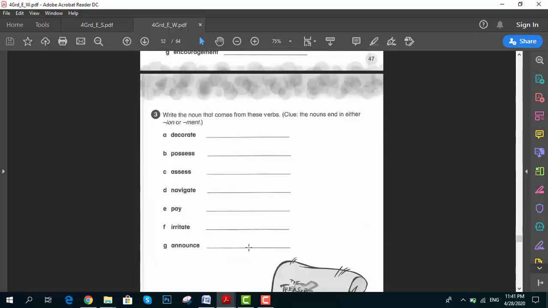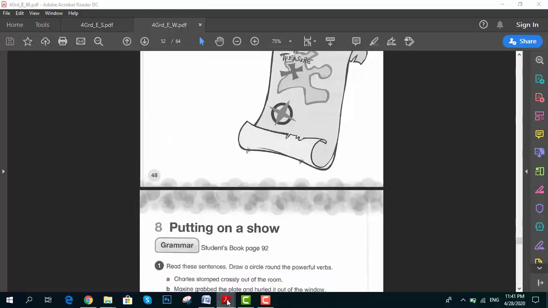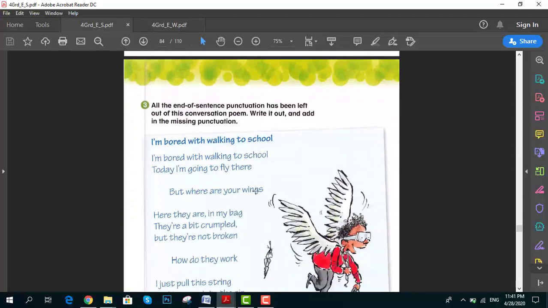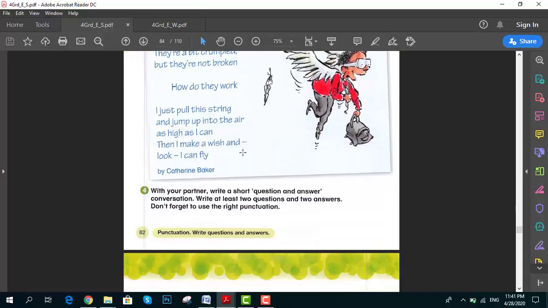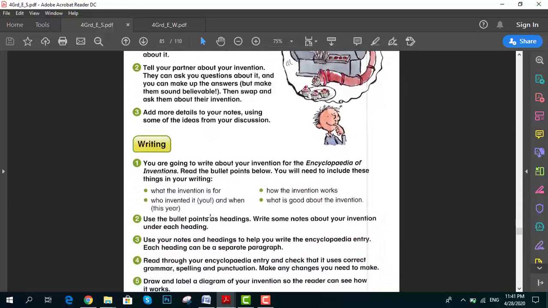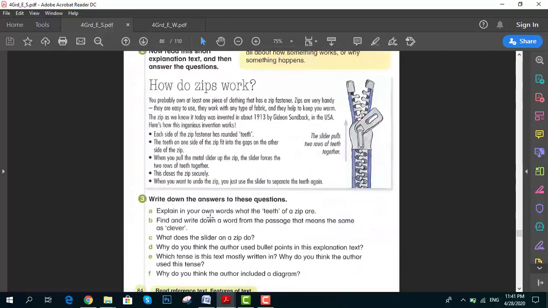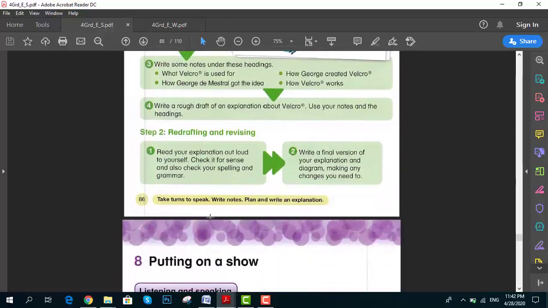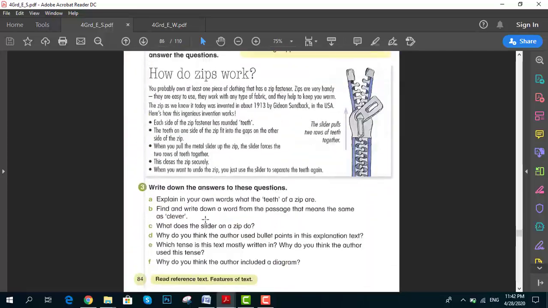And that's it for the workbook. Going back to the student's book, just study the grammar. This is not included: pages 82, 83, 84, 85 and 86. So only study what I told you.